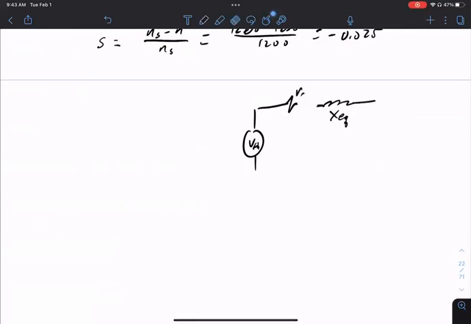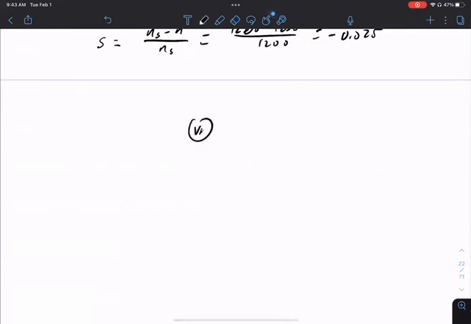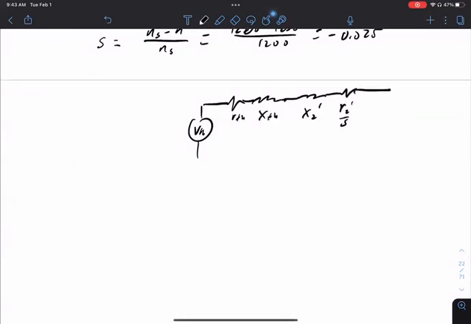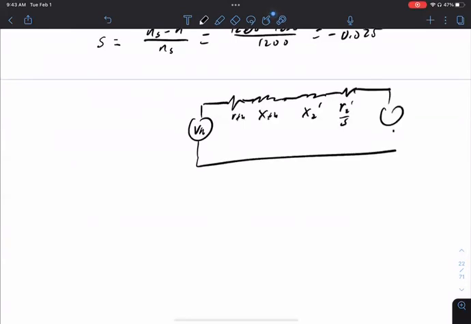Let me draw this a bit more in detail. So we have a Thevenin equivalent voltage with RTH, XTH, X2 prime, R2 prime over S. And here we have VA2 prime over S. So this is our circuit.